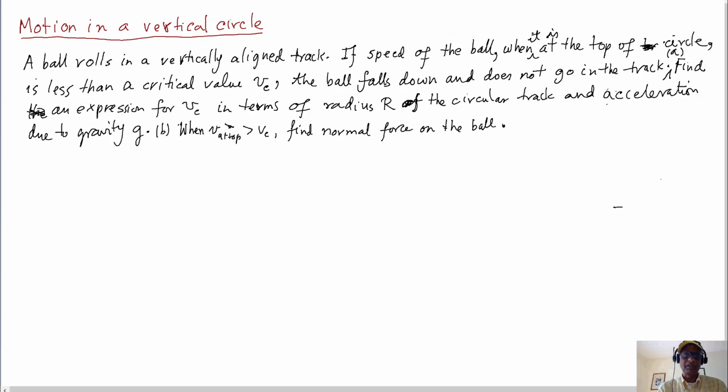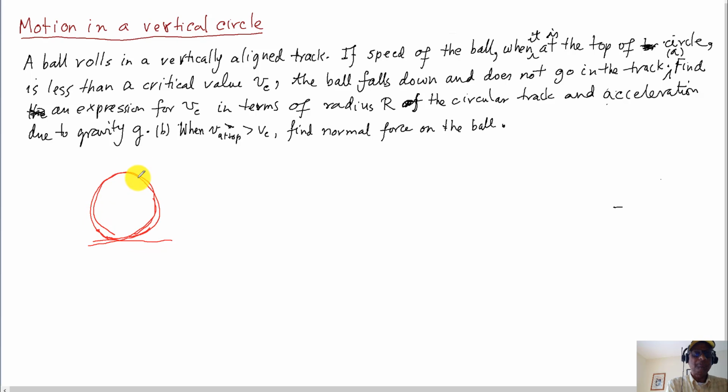This is a very standard problem in circular motion dynamics. It's a circular track, like the kind where you shoot a ball and it goes around in a circle, and maybe it comes around and goes off like that.